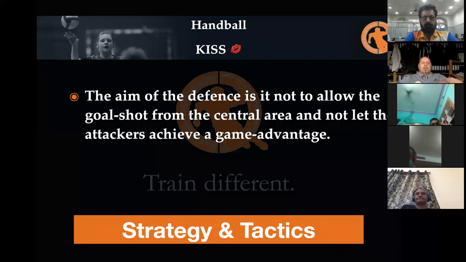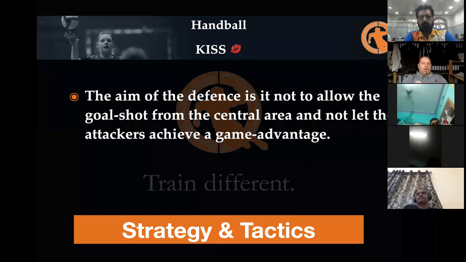They had the idea always to guide the attackers to the sideline, into an unattractive area where they cannot shoot or finalize the attack in a nice way. So keep them out of the central area and don't give them the chance to achieve a game advantage. This is the idea of the defense.